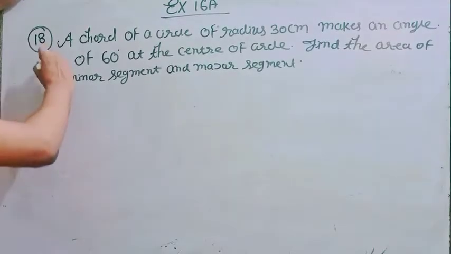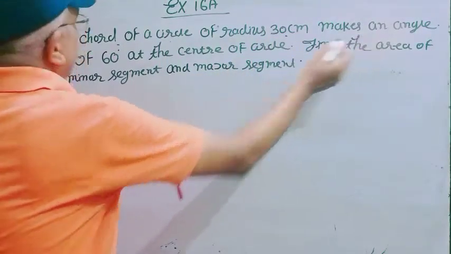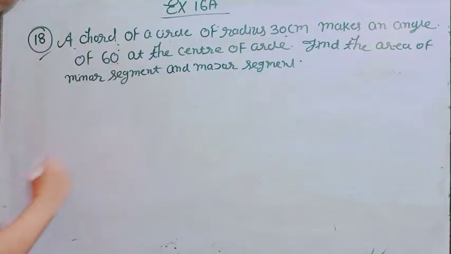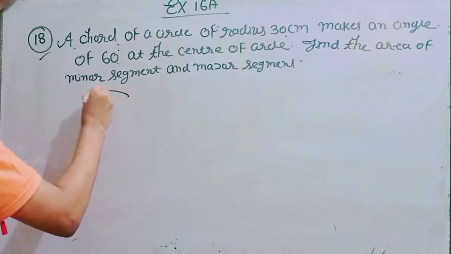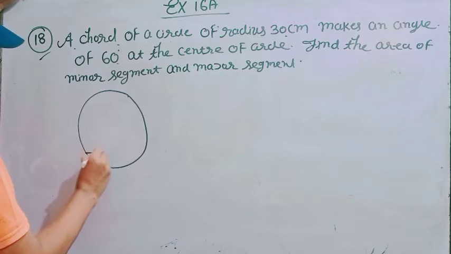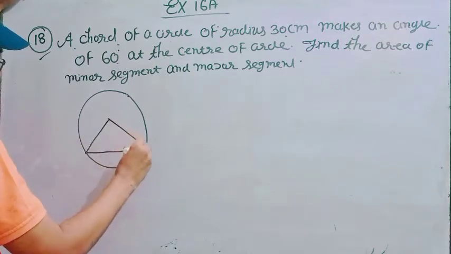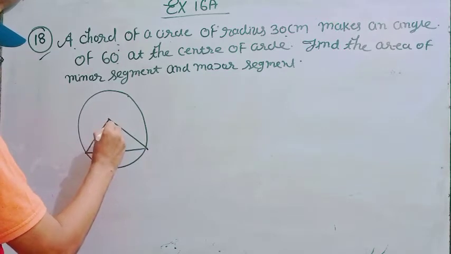Now see question number 18: a chord of a circle of radius 30 cm makes an angle of 60 degree at the center of the circle. Here is a circle and a chord that makes an angle of 60 degree at the center.